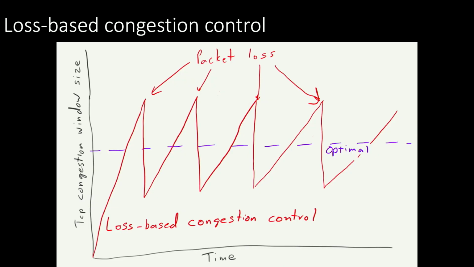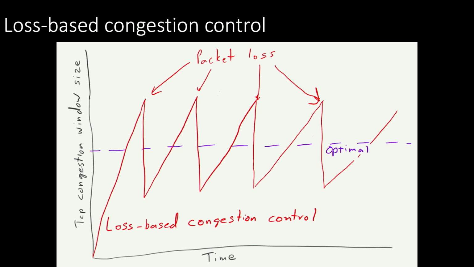Where this comes in, you've probably seen the sawtooth pattern of congestion control before. Probably not spent a whole lot of attention paying to what it really means. But what the sawtooth is really adjusting for is how much data the network can absorb, and the buffer bloat in particular.